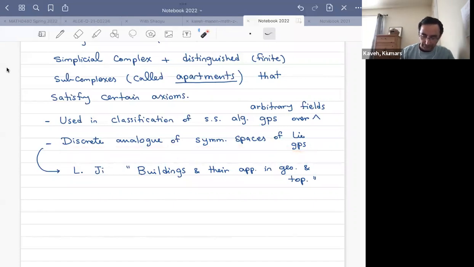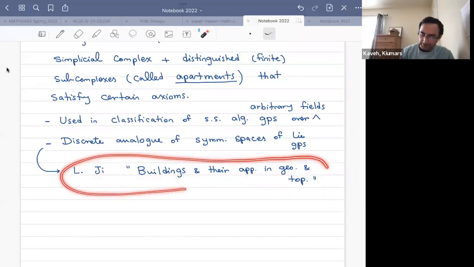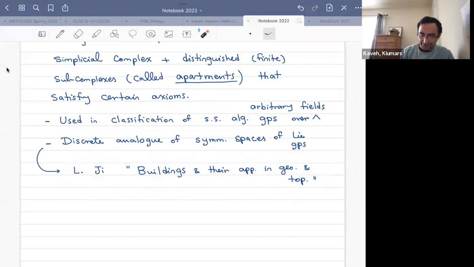From this point of view, and connections with hyperbolic geometry, and so on. You can look at this interesting survey of Lession G. Again, I haven't read it, maybe just a few pages of this nice survey article, but in case you are interested.